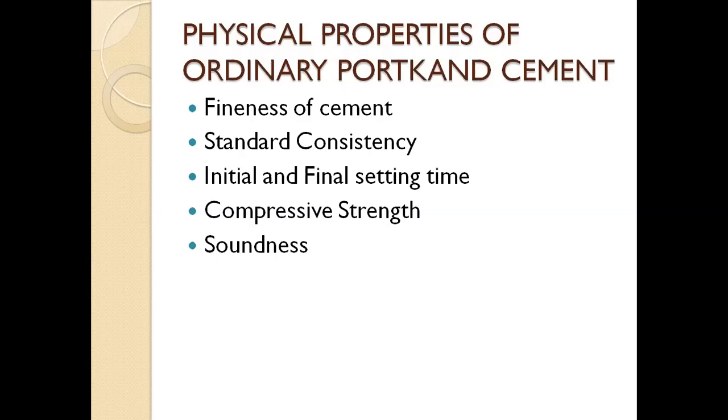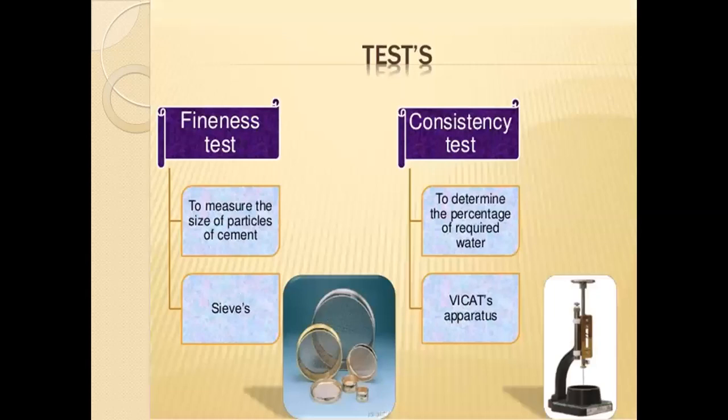To define or understand these properties, we have to follow some tests in a lab. For fineness, we use the fineness test, to measure the size of the particles of the cement.